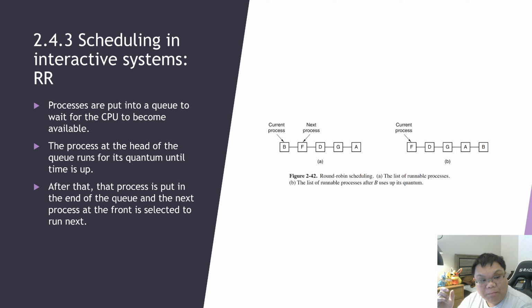Once the quantum is up, the CPU is taken away from that process. The process goes back to the end of the line, and the next process in line runs next. So if we have a line with processes B, F, D, G, and A, let's say process B is currently running. Once time is up, process B moves to the back of the line, and now we have process F next.